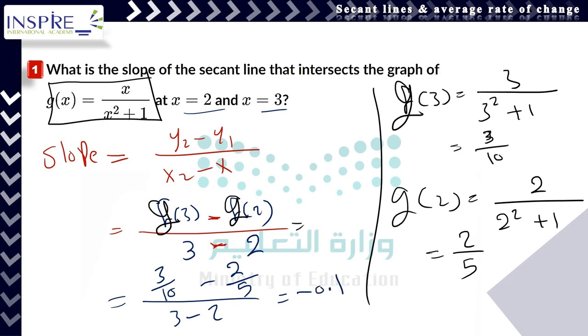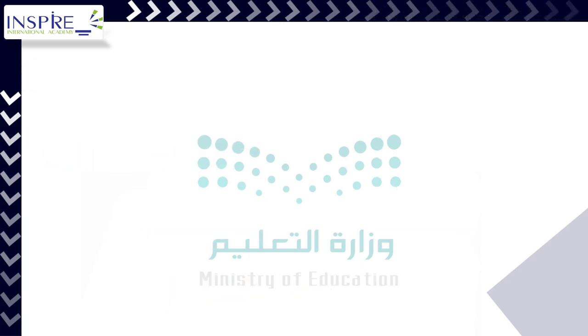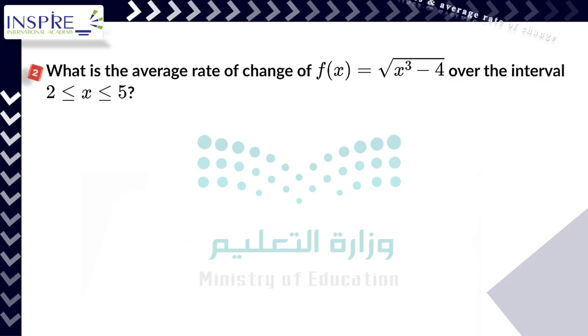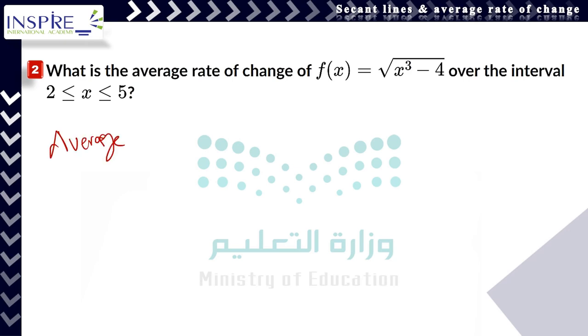Okay, next one. We need to get the average rate of change. It's the same. If you want to get the average rate of change, you have to get the slope of the function connecting the 2 points at x value equal to 2 and 5.